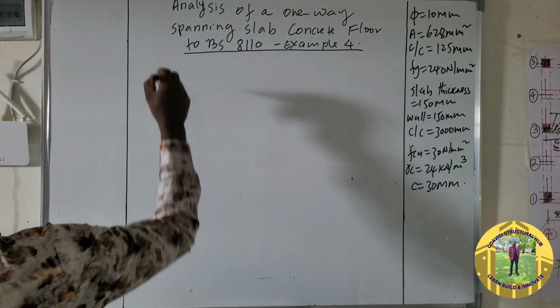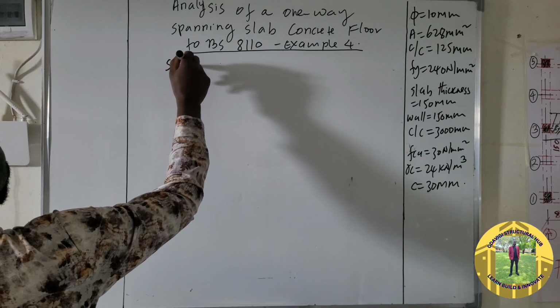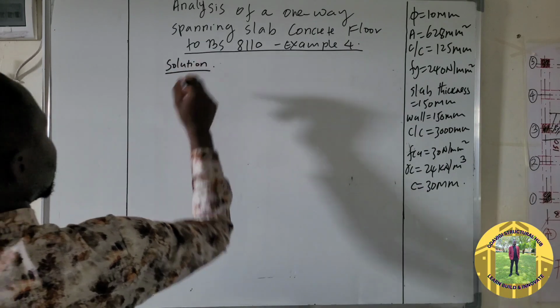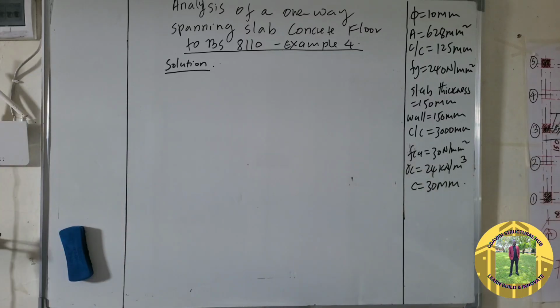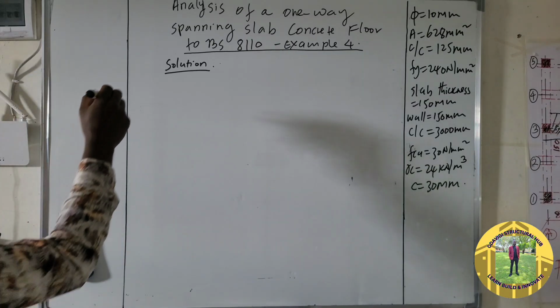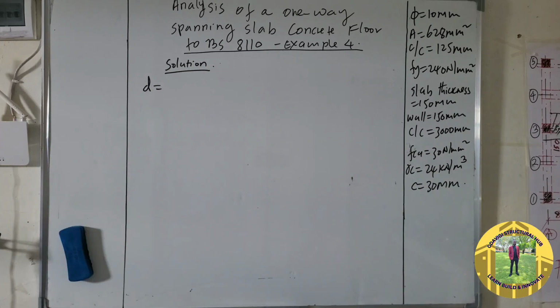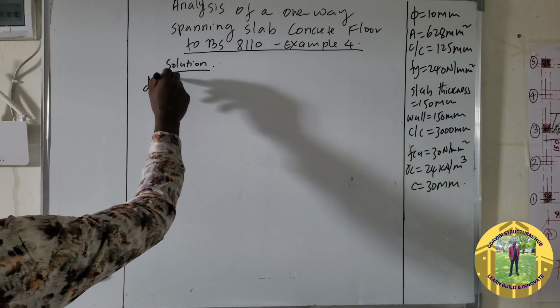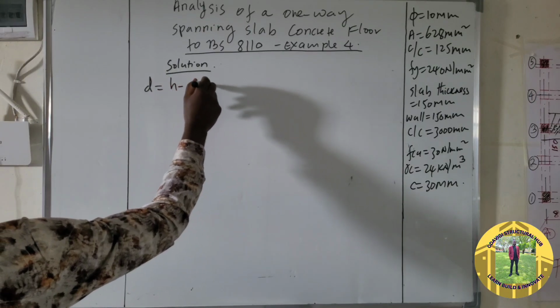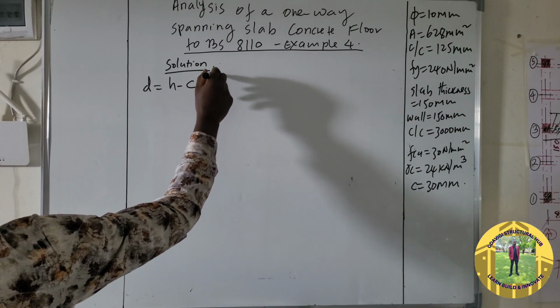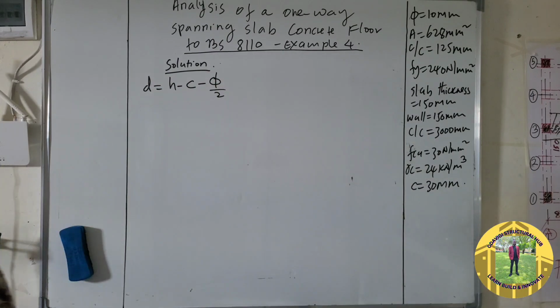So, solution. The first thing to do is to calculate the effective depth. So d is equal to h minus cover minus a half of the diameter.